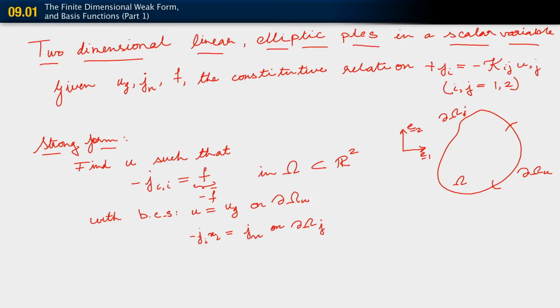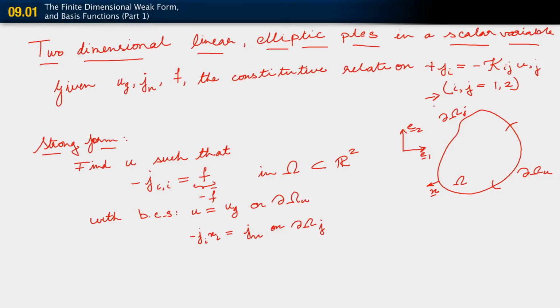And n now is a unit vector in 2 dimensions, right? Okay, that's it. That's our strong form of the problem, and I've already stated up here that i and j run over 1 and 2.